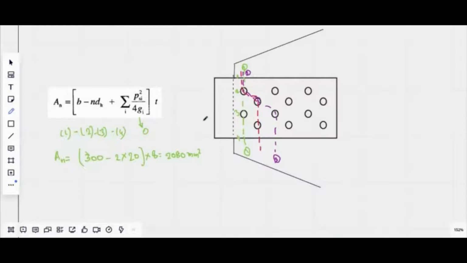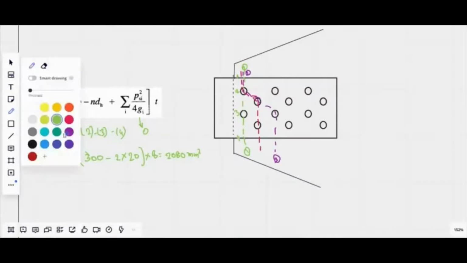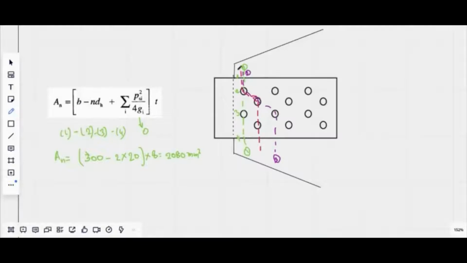Now, if I consider section 2, the failure is starting from 1, passing through bolt 2, then reaching bolt 5, and from 5 passing through bolt 6 to the final section 7.